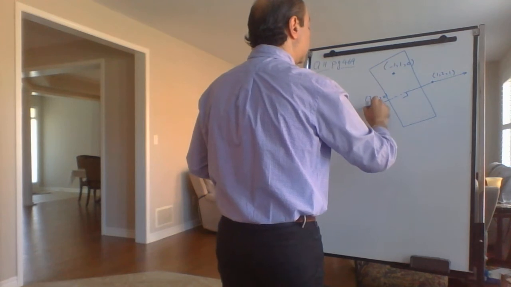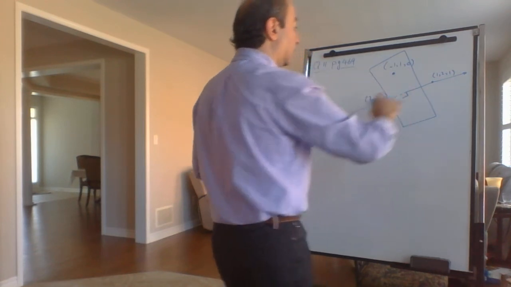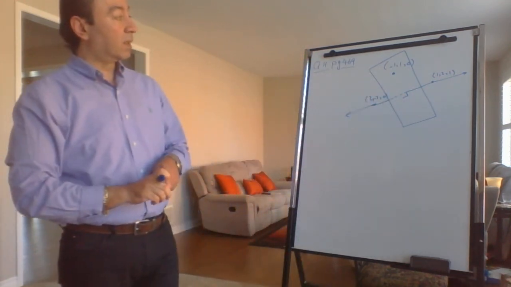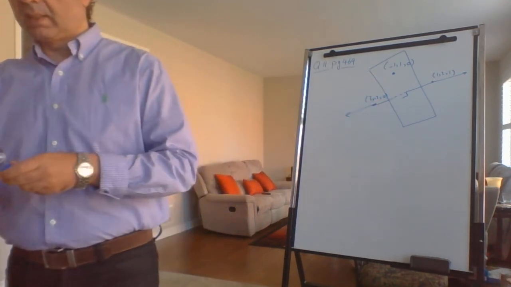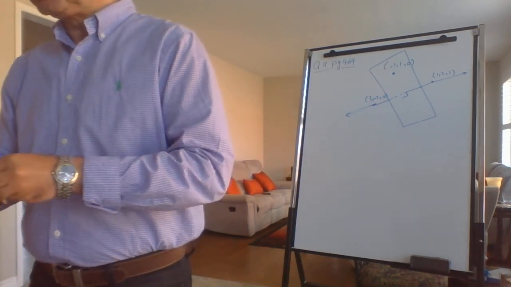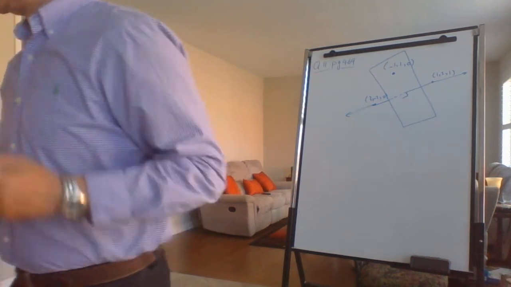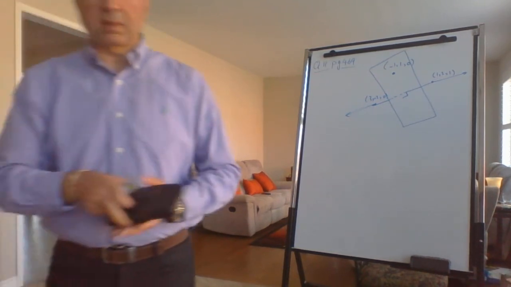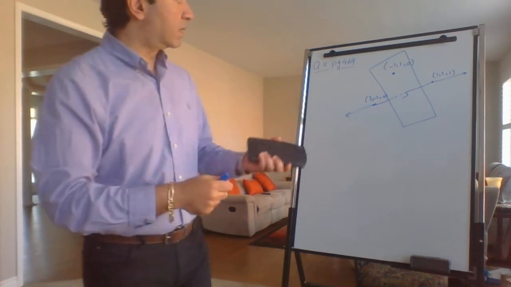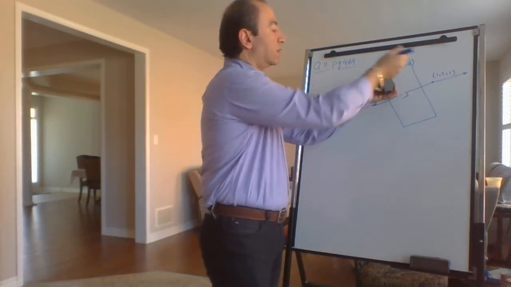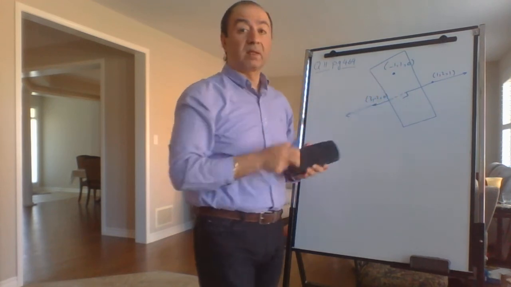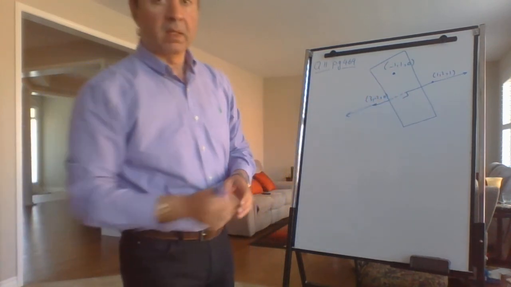This is the line that connects the 2 points, and the plane is making 90 degrees on this line and contains this point. It is exactly like, let's say this is the plane and this is the point, and the line is going like this, making 90 degrees on the plane.